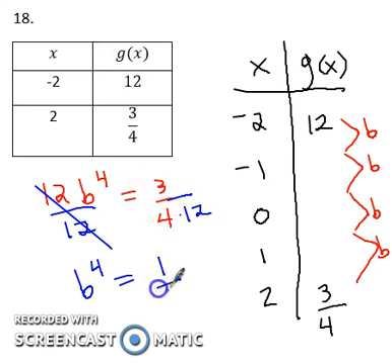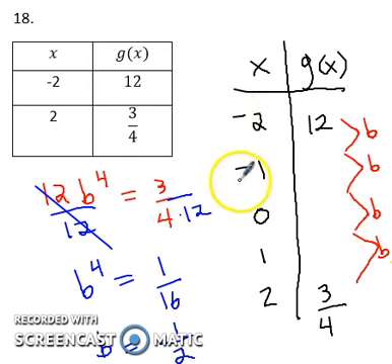Hmm, and 4 times 4 is 16. So what times itself 4 times is 16, everyone? That's 2. 2 times 2 times 2 times 2 is 16. What times itself 4 times is 1? That is 1. So we can see here that we're multiplying by 1/2 each time we go up.